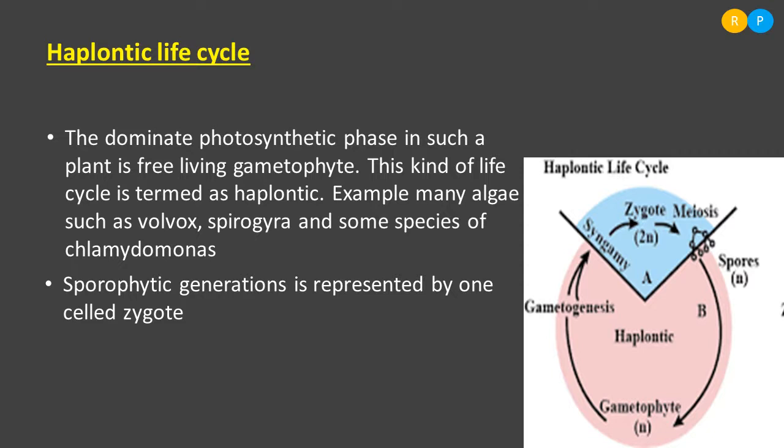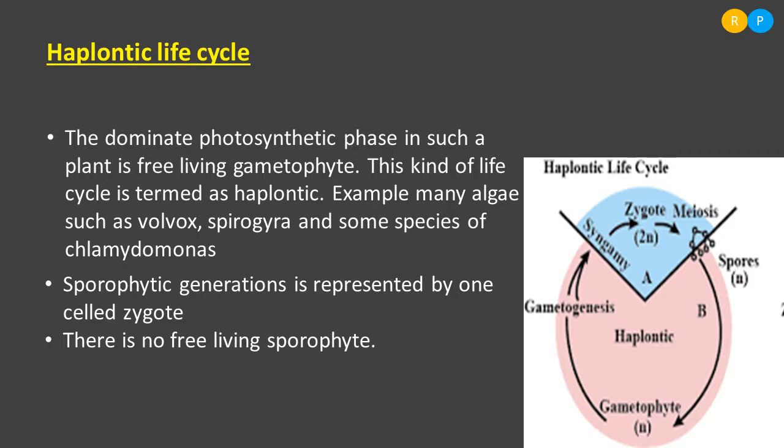we can see the presence of the zygote. Understood? So the dominant phase in this case is the haploid gametophytic phase, and the sporophytic generation is represented by only one celled zygote. Understood? And there is no free living sporophytic phase here. So the sporophytic phase is not free living. Only the zygote represents the sporophytic generation.